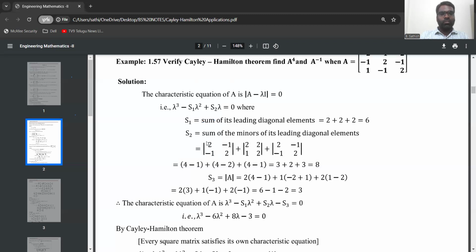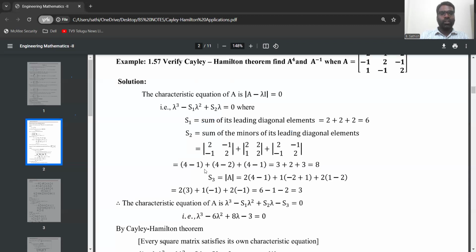The determinant of 2, minus 1, minus 1, 2 is 4 minus 1.